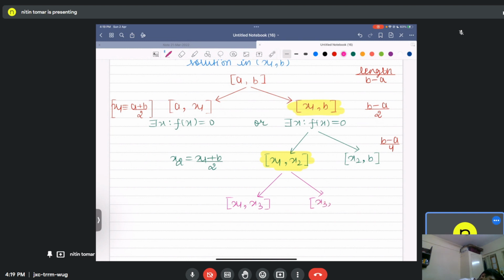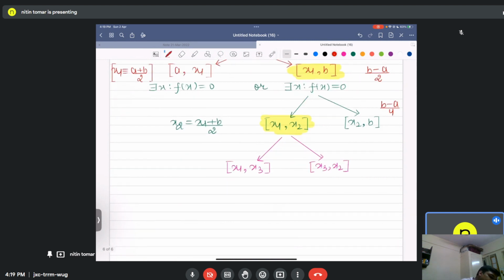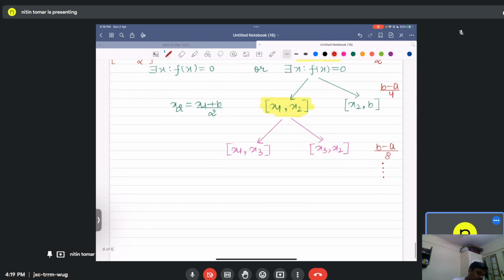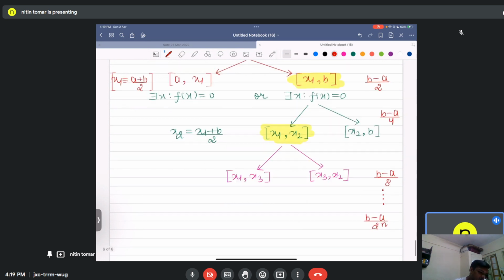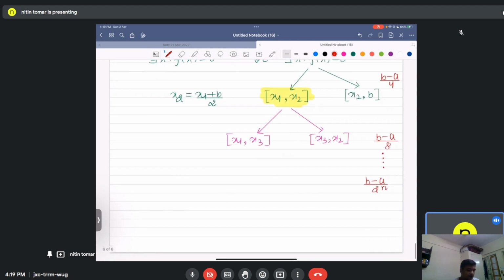Then x3 to x2, and here the length of the interval is b minus a by 8 because at every stage the length is reducing to half. So you keep on doing this, and ultimately you will have b minus a by 2 to the n, right?